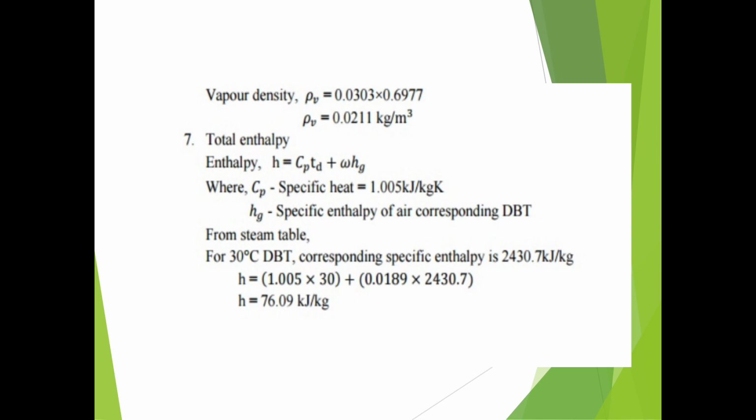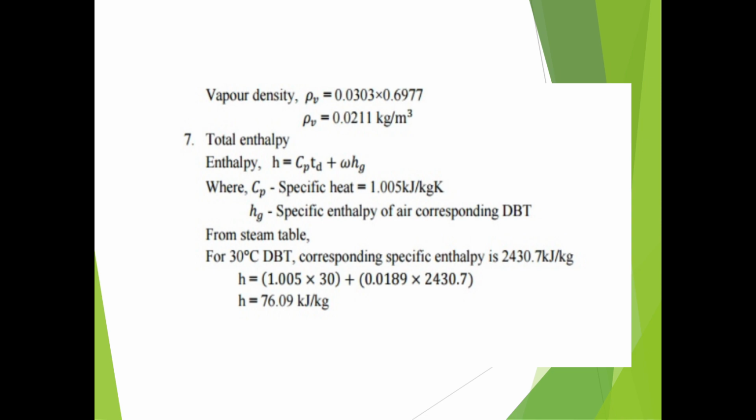Next, we have to find the total enthalpy. Enthalpy H is equal to Cp TD plus omega into Hg. Here Cp is the specific heat, which is equal to 1.005 kilojoule per kilogram Kelvin, and Hg is the specific enthalpy of the air corresponding to the dry bulb temperature.